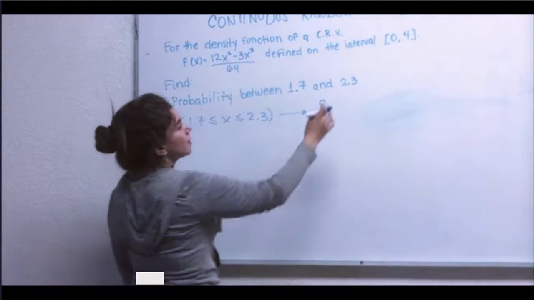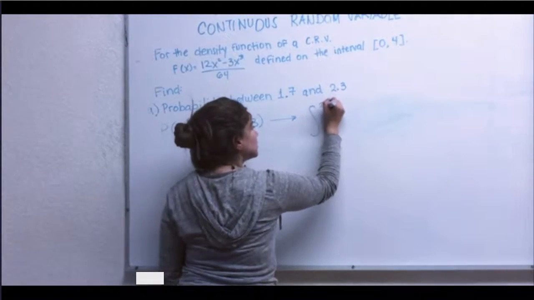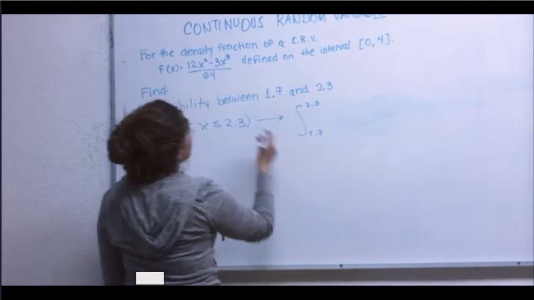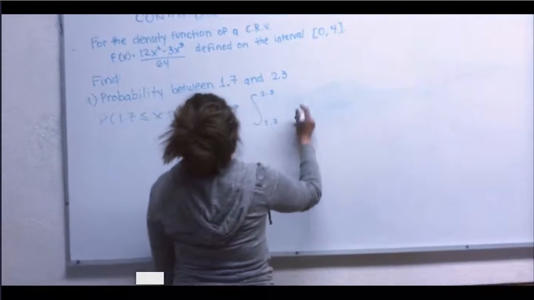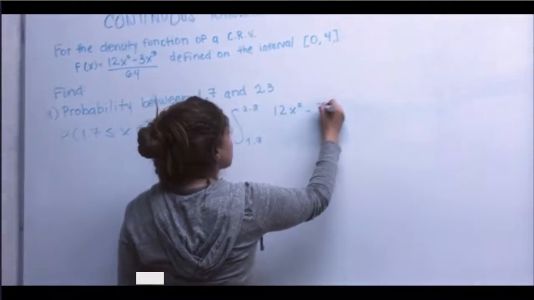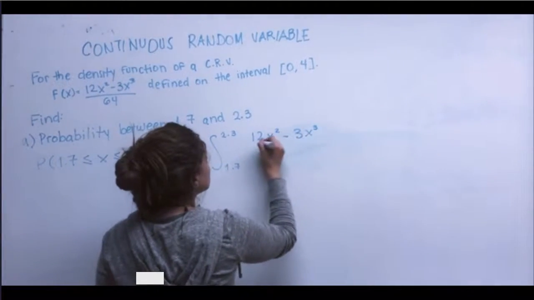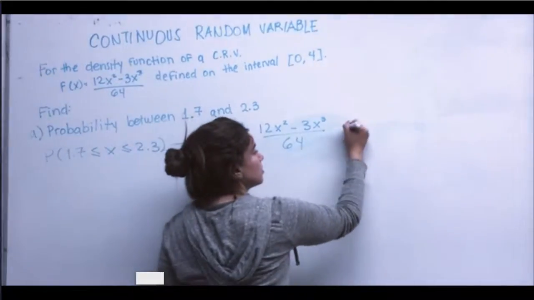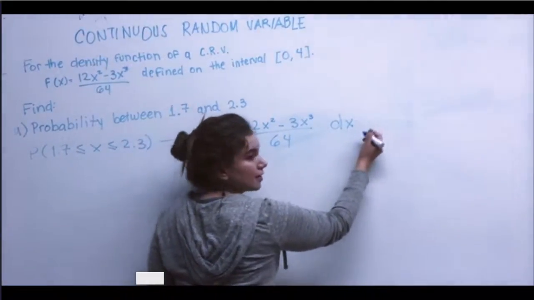We need to put the intervals, the biggest one on the top and the small one on the bottom. And then we copy this here: 12x squared minus 3x cubed over 64. It's important to put the dx at the end.